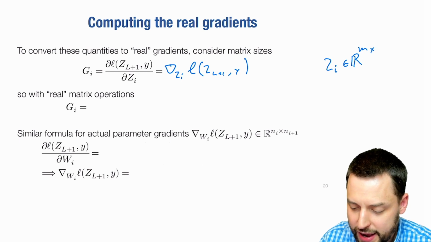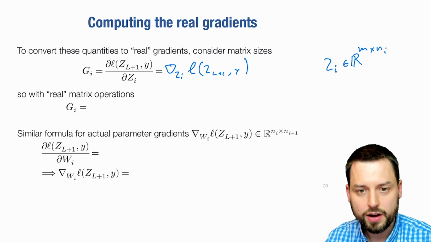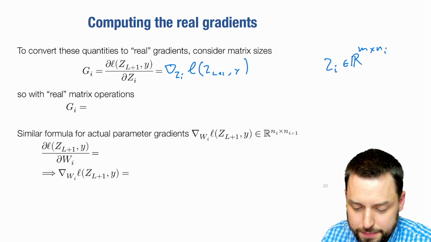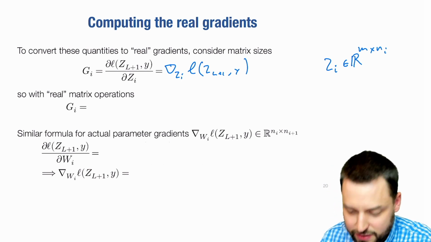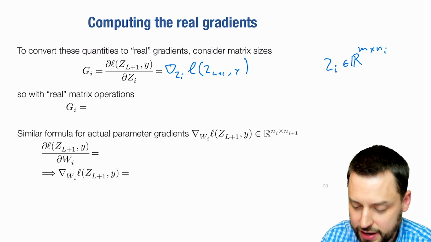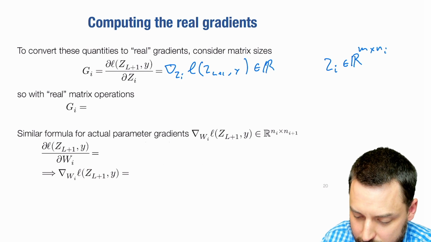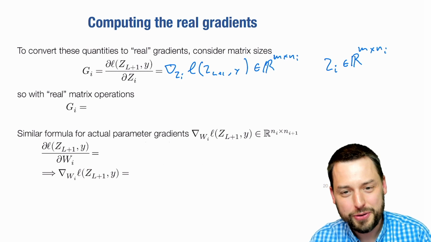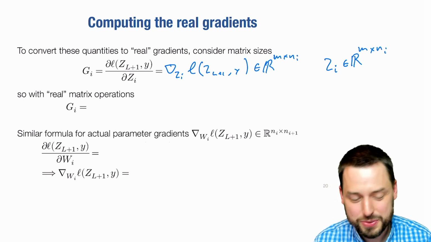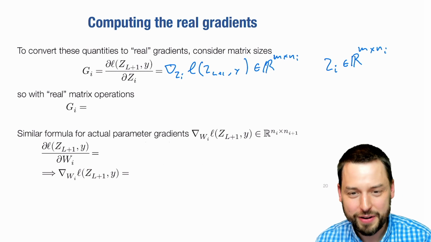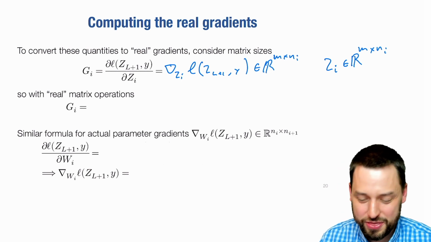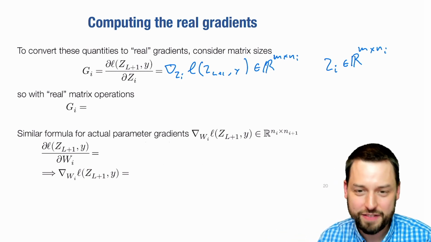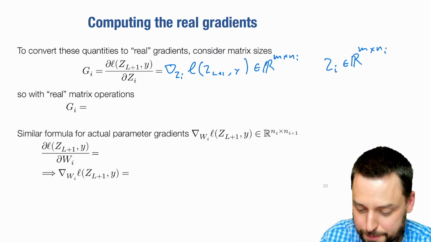And it was by n_i, because the dimensionality of each row was n_i. That means, of course, that our gradient of the loss with respect to Z_i should also be that same size: m by n_i. So let's now use our logic to figure out what the G_i backward iteration really should be, not if everything was scalar, but if these things are actually matrices.